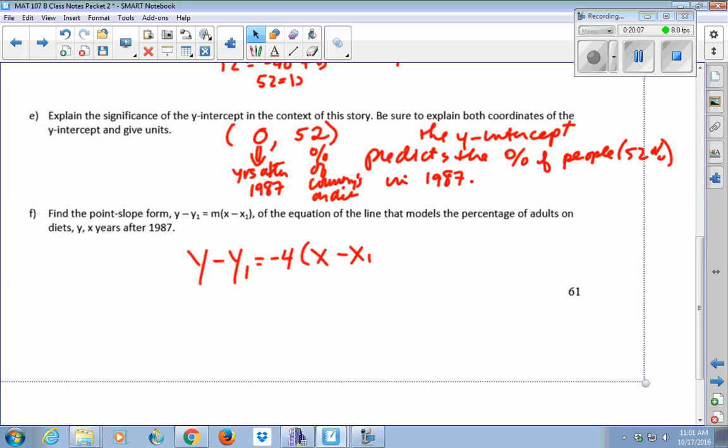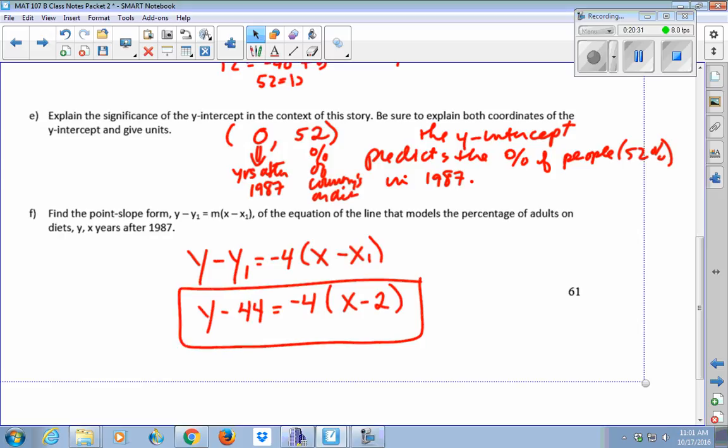And now all I have to do to finish this equation off is to pick any point that lies on that line. So I know (2, 44). Again, 44 is the y value, so I've just got to be careful to put it in the right order. The 44 comes first, and then the x value is 2. That is the point slope form.